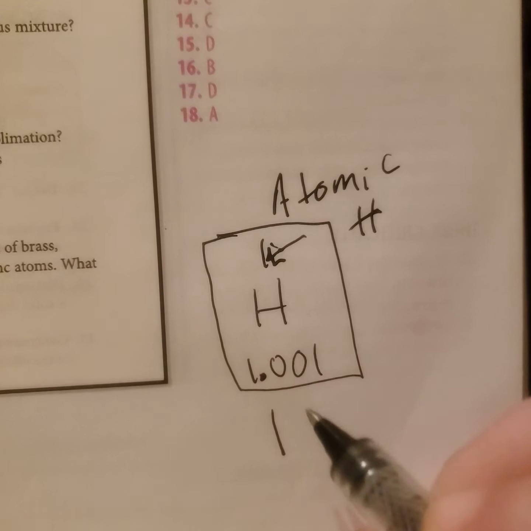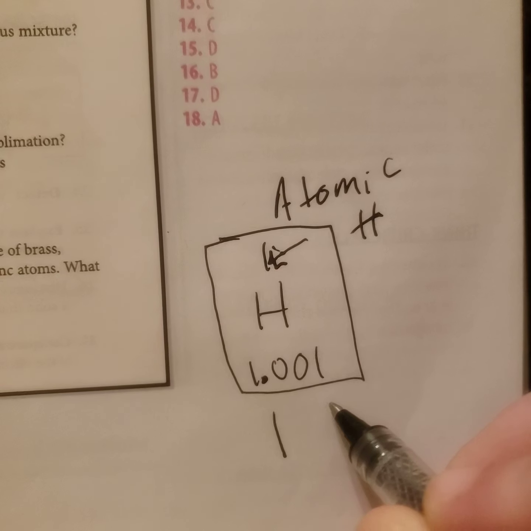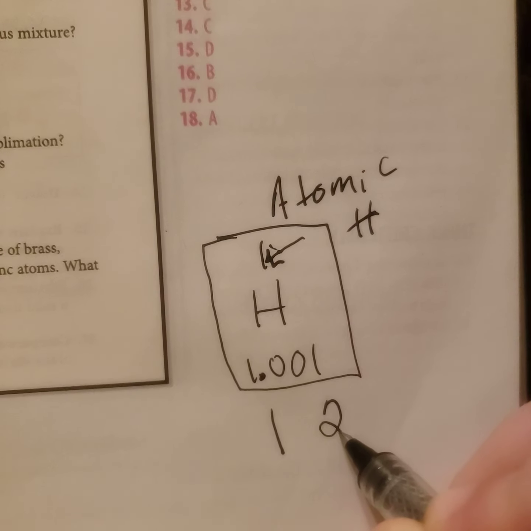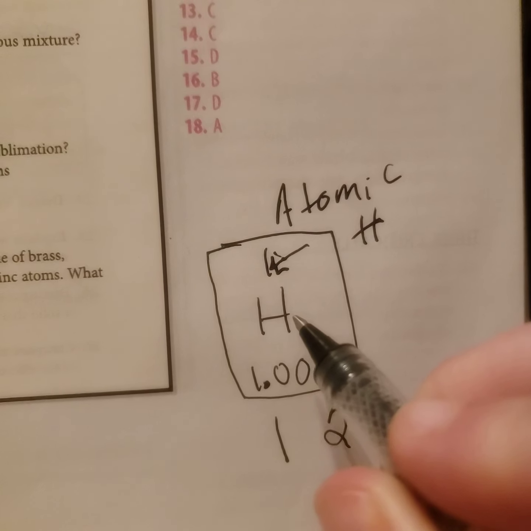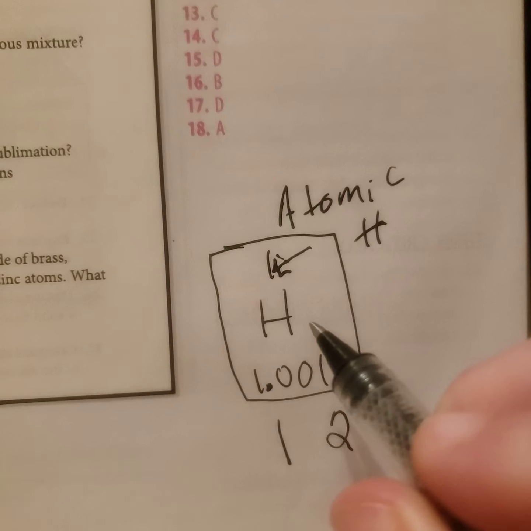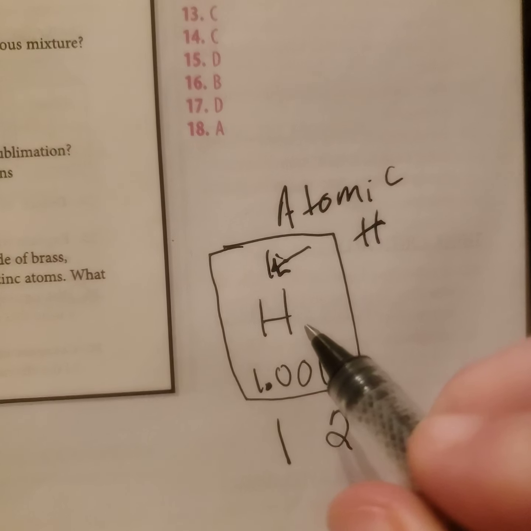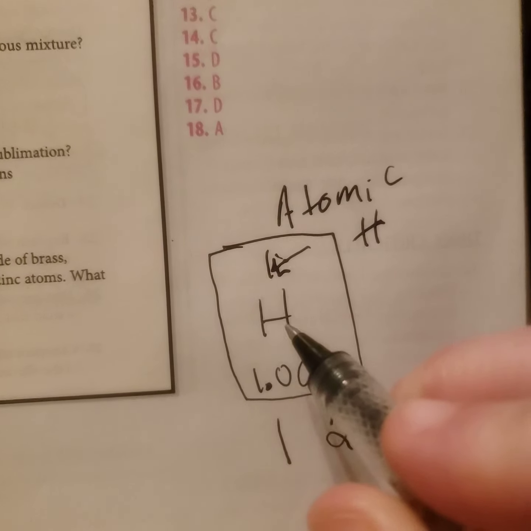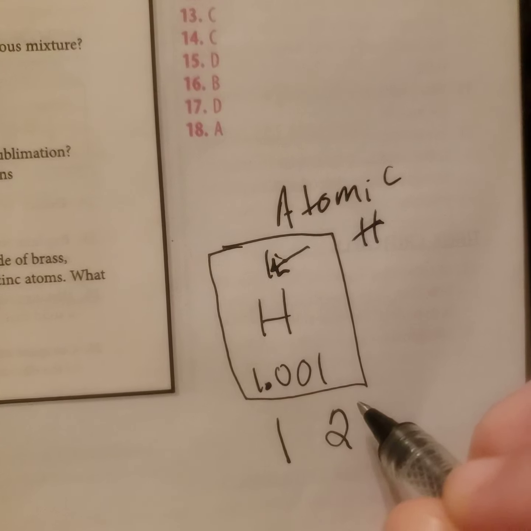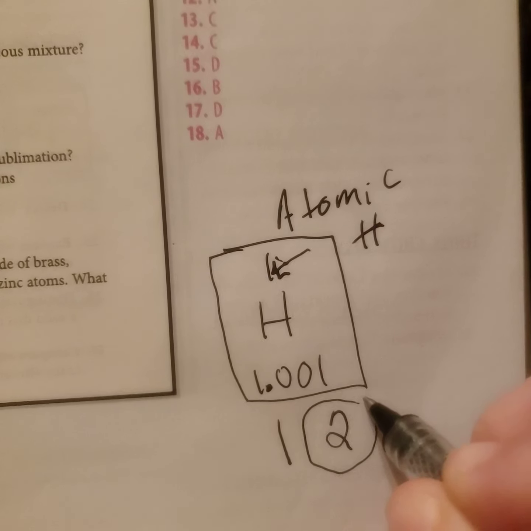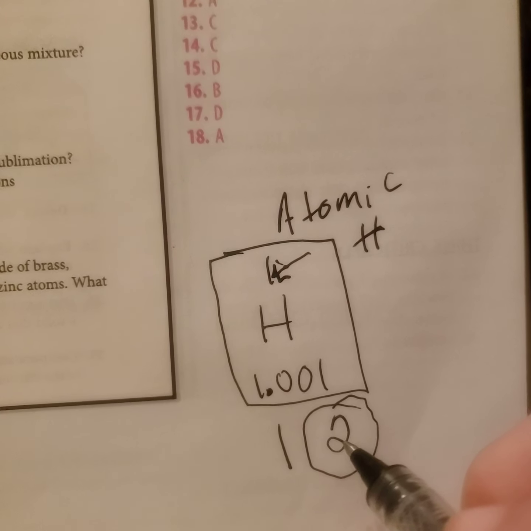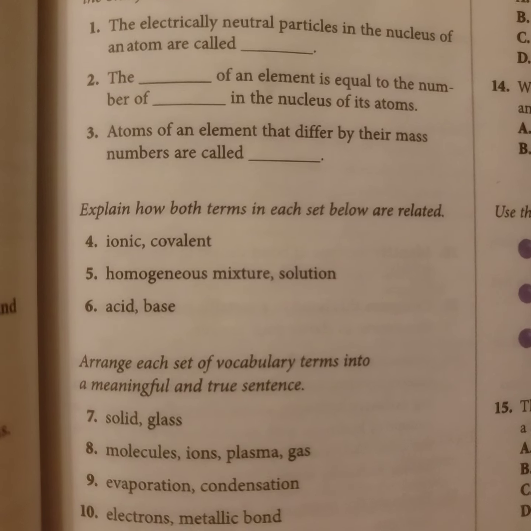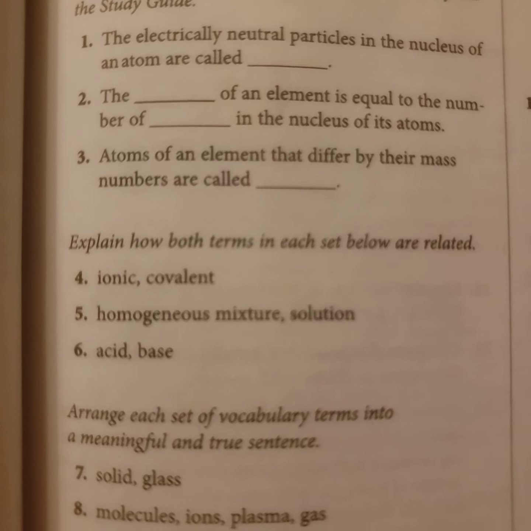So sometimes hydrogen has a mass of 2. That means that it has one more neutron in its nucleus. But it's still hydrogen. It's just a little chubbier. And so when that mass number is different, it's called an isotope. Okay? But like I said, it's still the same element.